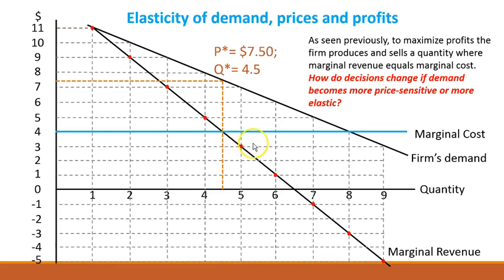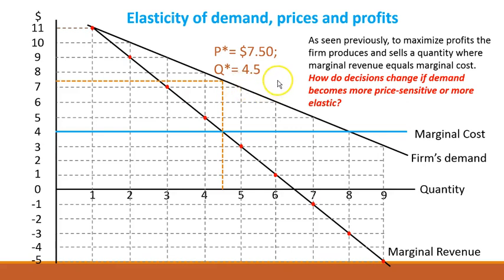If it produces anything beyond that, it will be adding more to its costs than it will be to its revenues. And we saw that at that quantity, the firm should consider its demand curve, that demand relationship, to see what price it can charge its customers in order to sell that profit maximizing quantity. So the demand curve is telling us that the highest price that you can charge in this case is $7.50.